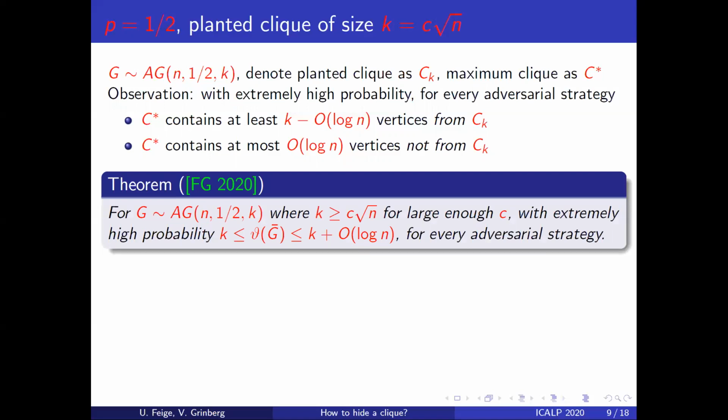This is exactly the case, and in our work we show that for the adversarial planted clique model with k at least some large constant times square root of n, with extremely high probability, the theta function of the complement graph is at least k, and at most k plus big O of log n, for every possible adversarial strategy.